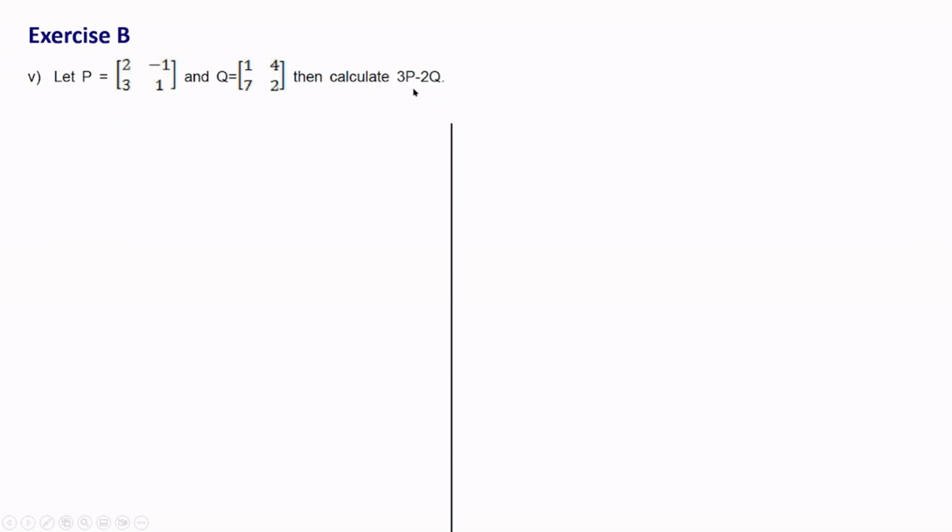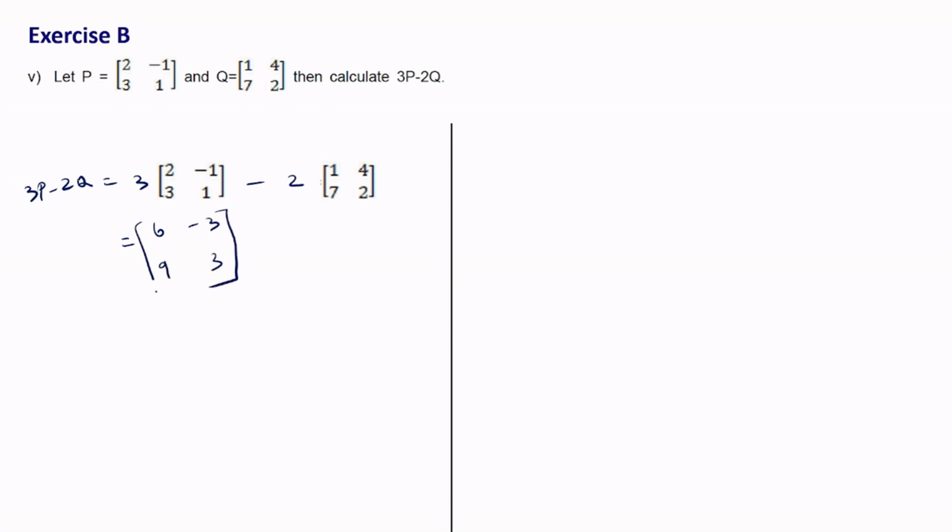So we have to find the value of 3P minus 2Q. 3P minus 2Q is equal to 3 into P minus 2 into the matrix Q. So this is [6 -3; 9 3] minus 2 times [1 4; 7 2], which is [6-2, -3-8; 9-14, 3-4], that is [4 -11; -5 -1]. So this is 3P minus 2Q.